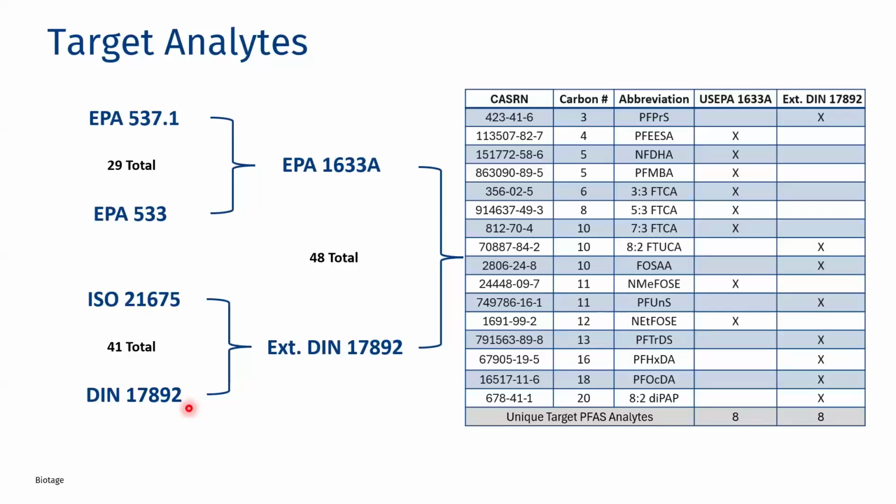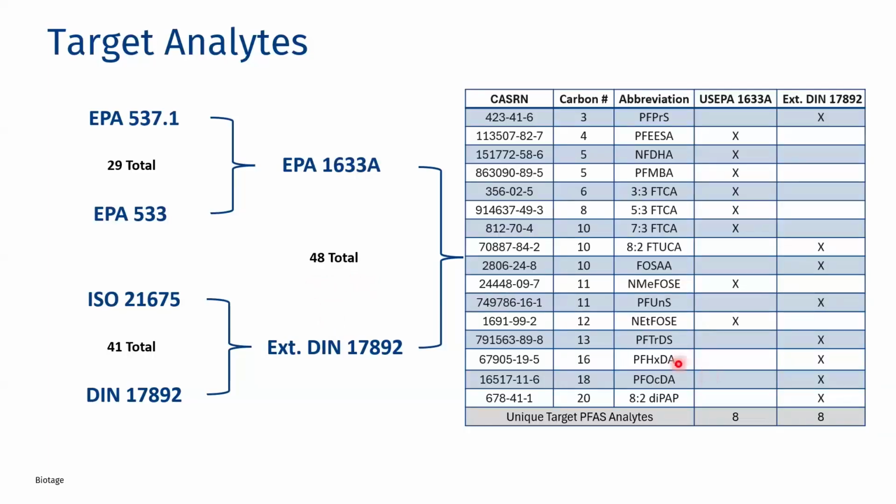But what we did to expand upon the DIN method is we also included targets from the ISO 21675 method. So our method actually looks at what we call the extended DIN list. And so overall, what we are going to look at are 48 total PFAS compounds. Between the 1633 method and our expanded DIN method, there are 48 total unique compounds.